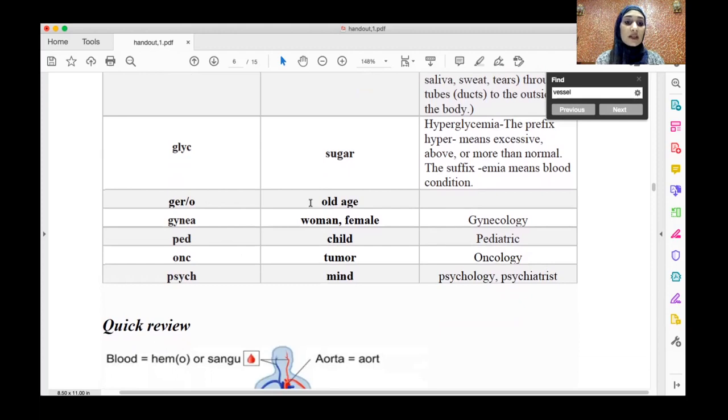Gynec means woman or female, like in gynecology, and we have ped, meaning child, like pediatric. We have onco, meaning tumor, like oncology, the study of tumors. We have psych, meaning mind, like in psychology or psychiatrist.